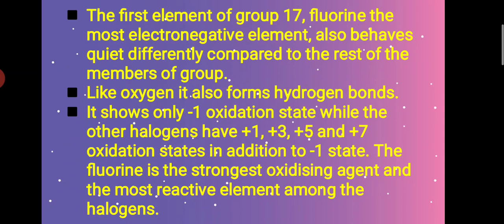Finally, in group 17, fluorine is the first element, which is highly electronegative. Of course, fluorine is the most electronegative element in the periodic table.